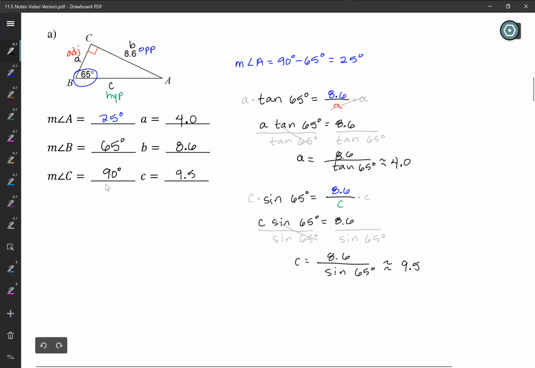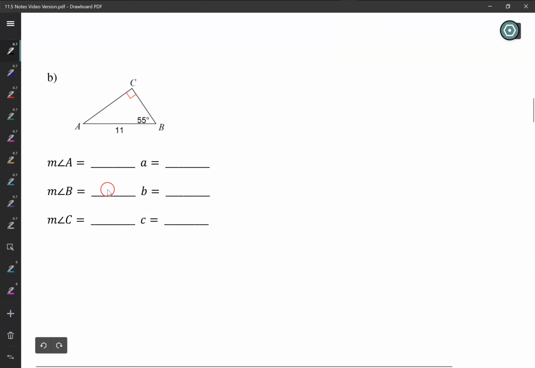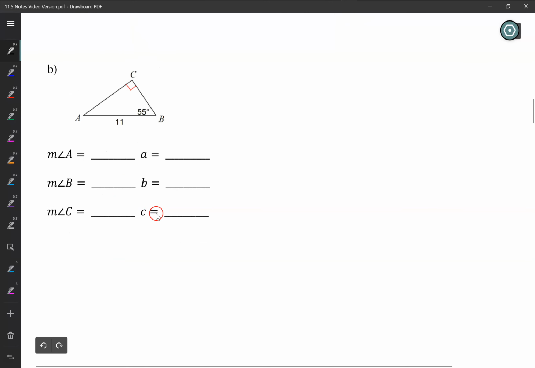Okay, let's look at a second example here. Again, first thing I'm going to do is fill in the information that I was given, and then label the sides that aren't labeled. So we were told that the measure of angle B is 55 degrees. C is the right angle, so the measure of angle C is 90 degrees.